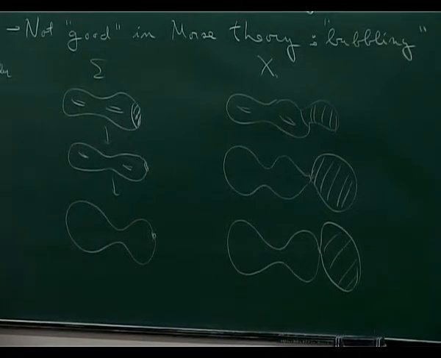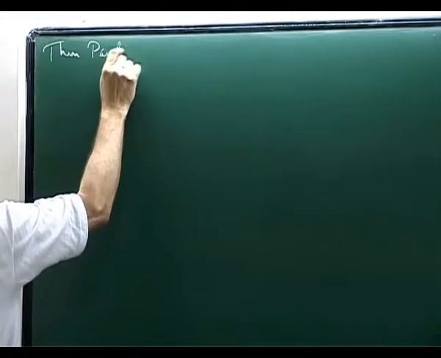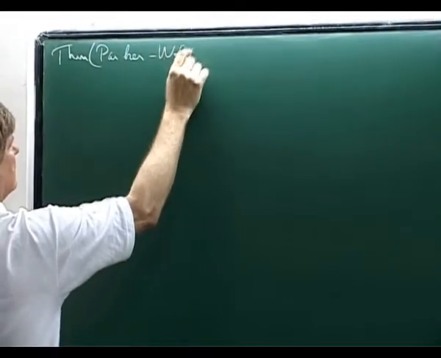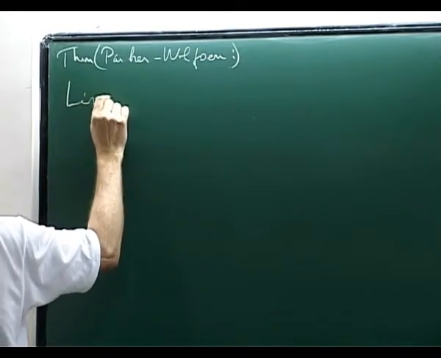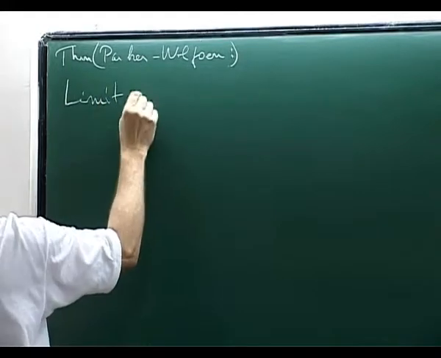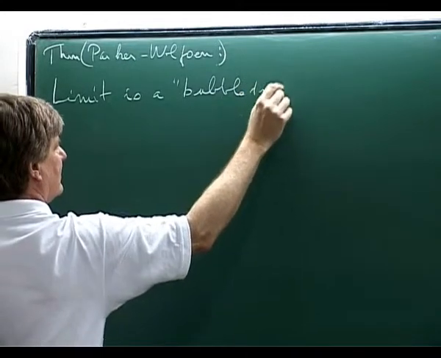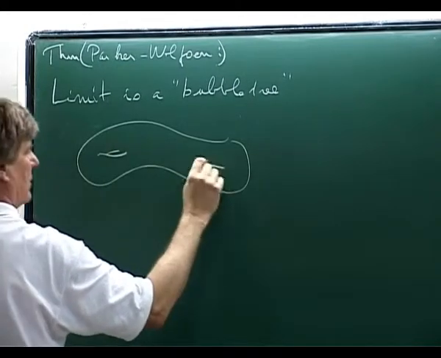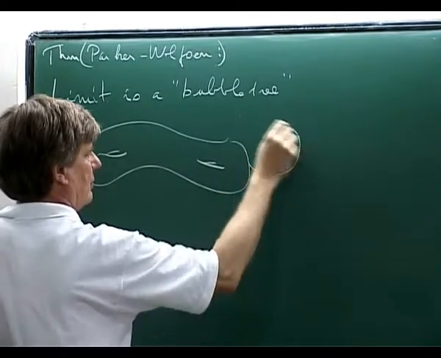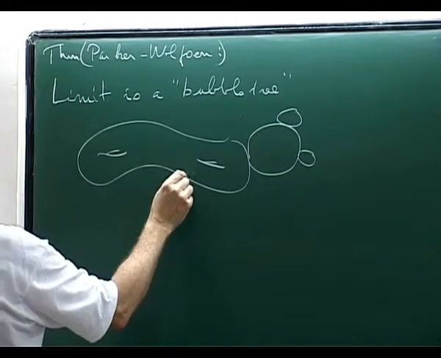So they really are bubbles, and in fact there's a theorem of Parker and Wolfson: the full limit is a bubble tree. In other words, you have a body where the genus lives, and then a bunch of spheres, and you can get spheres on spheres, and little pimples elsewhere.